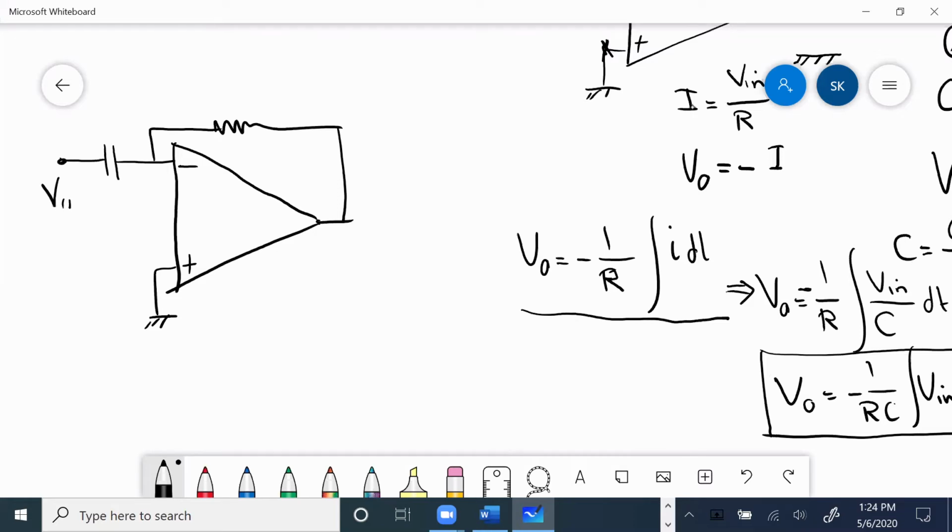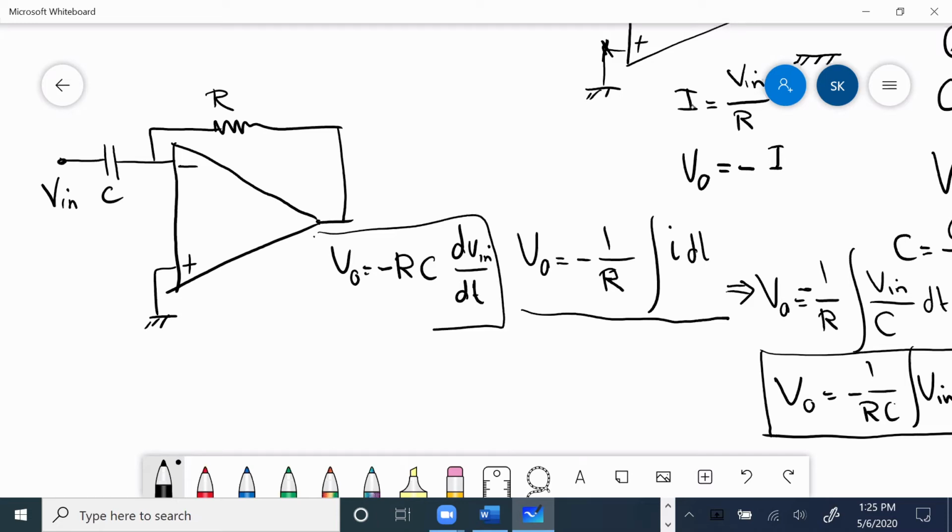V out is minus R C dV in dt. So these are the two circuits.